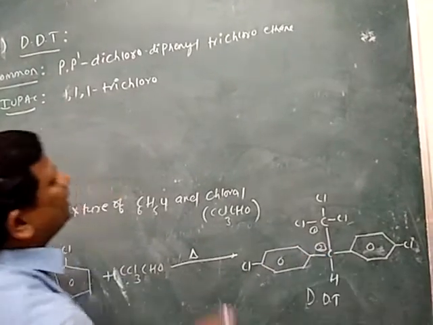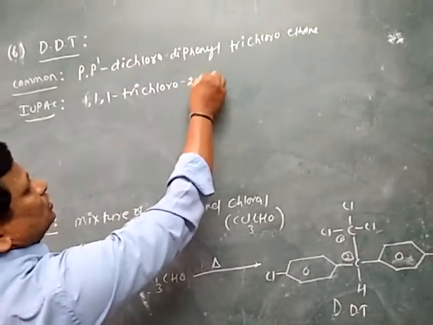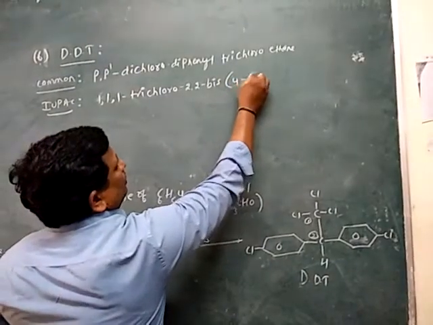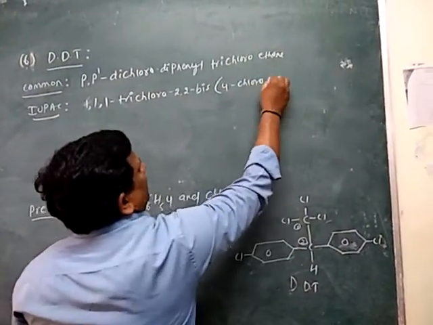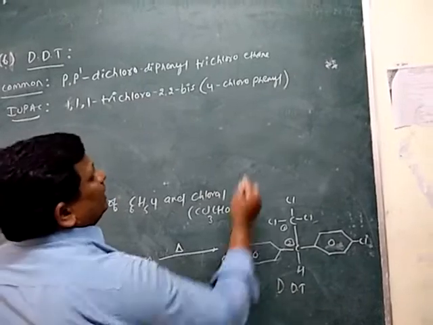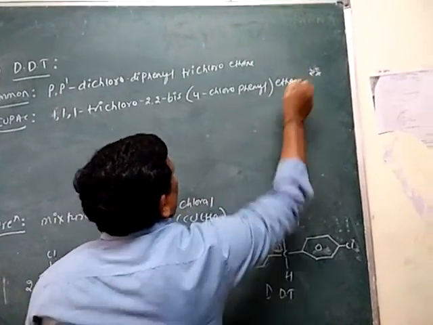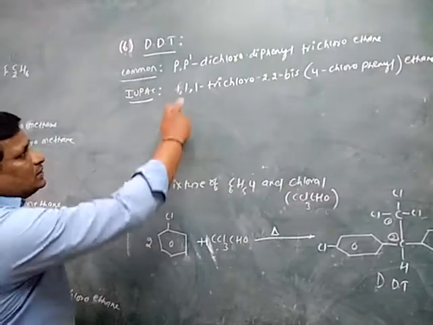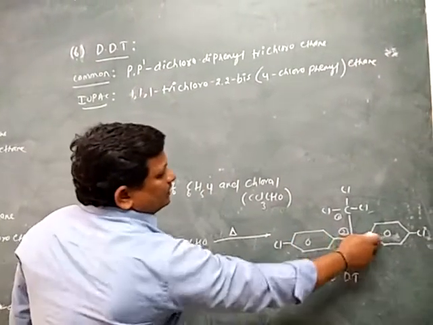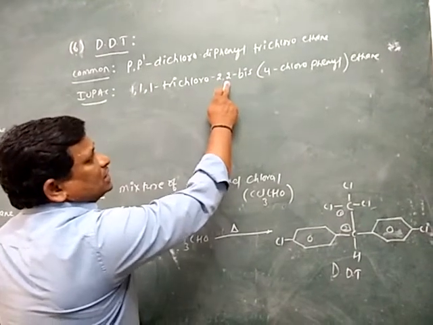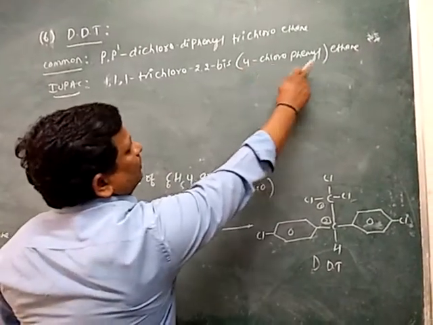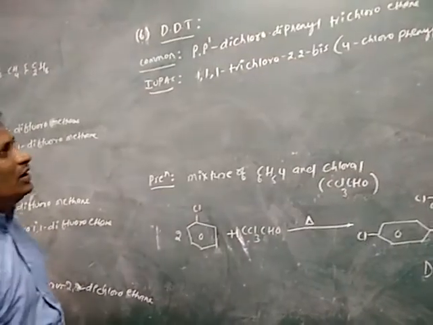The second carbon has 2 phenyl groups, so 2,2-bis. The suffix is bis because it is a poly compound, so 4-chlorophenyl ethane. It is the IUPAC name of the compound.